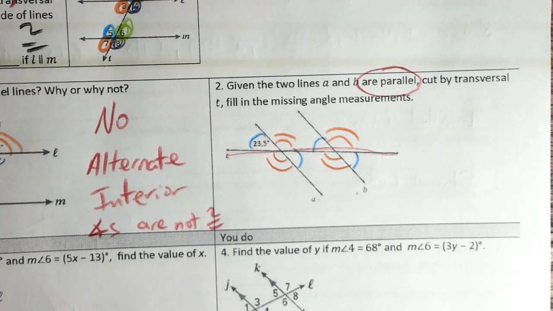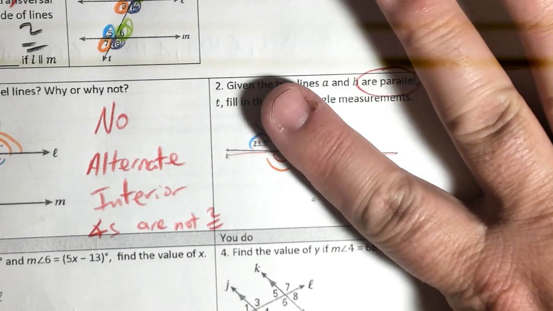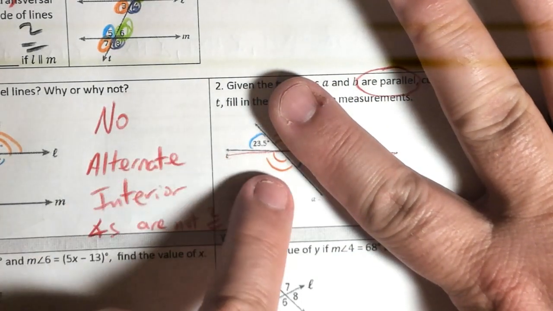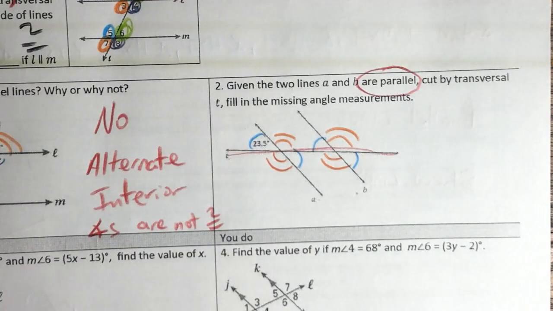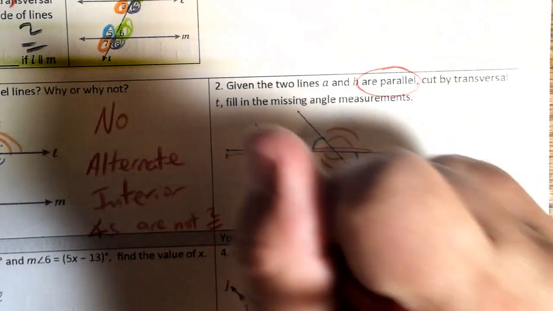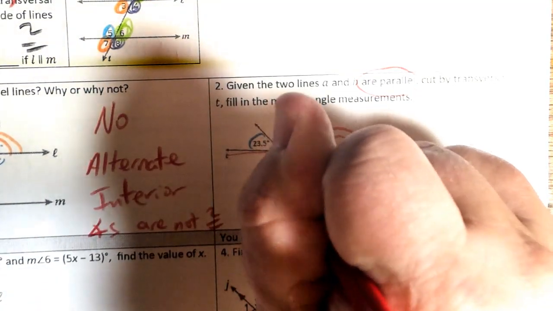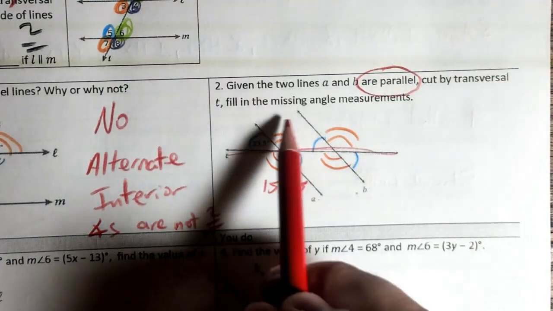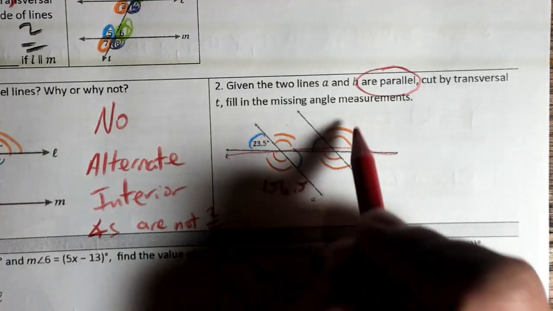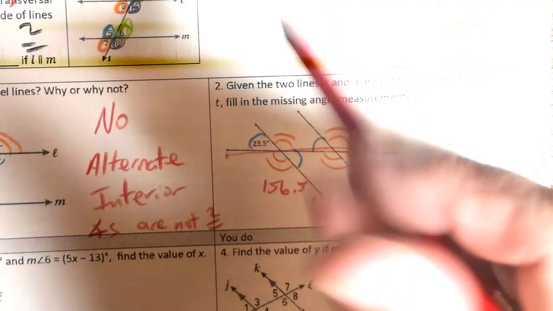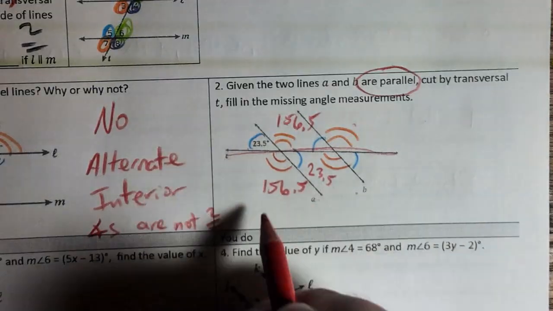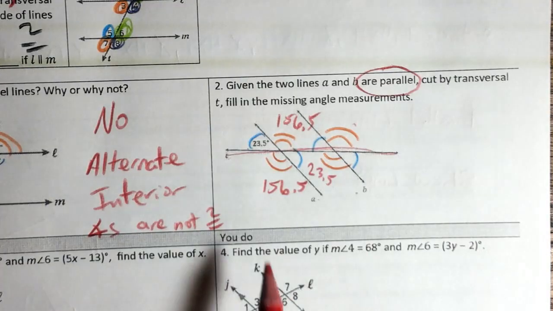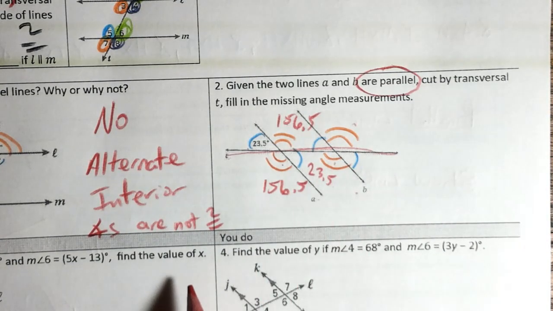Okay, and then remember, each linear pair is going to be worth 180. So this guy is going to be 180 minus 23.5. So it's going to be 156.5. So that's going to make this 156.5 and these two. This is 23.5. This is 23.5. I'm not going to write that again because these are all the same, because they're congruent.